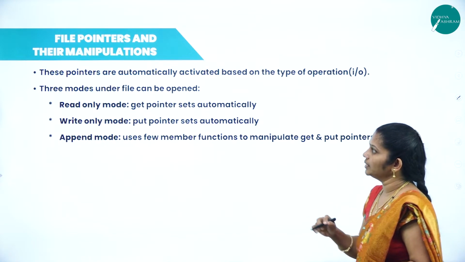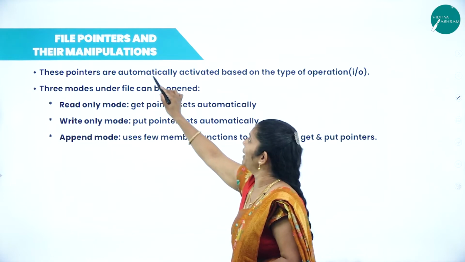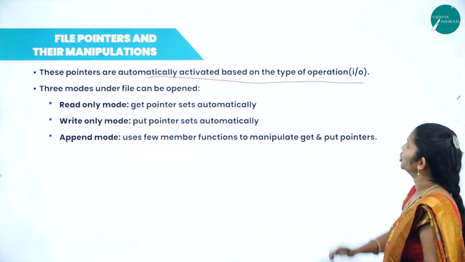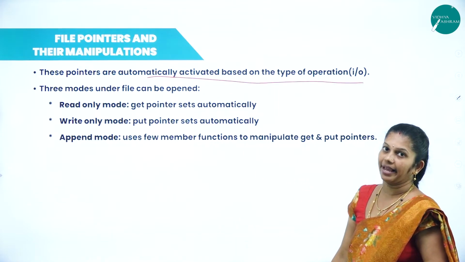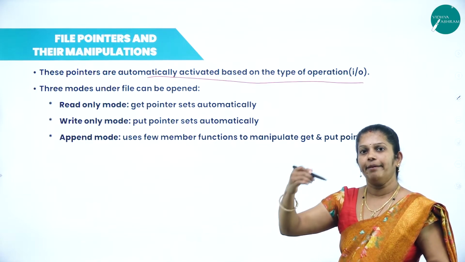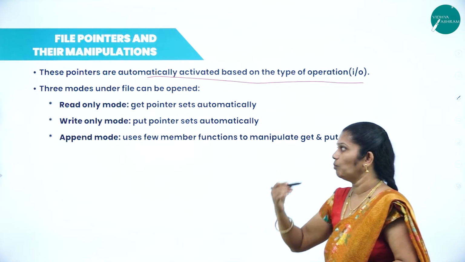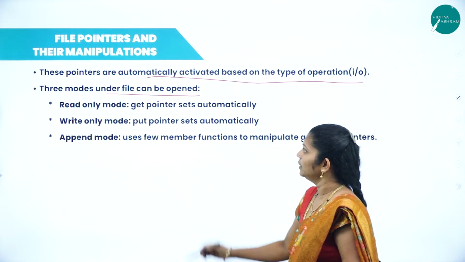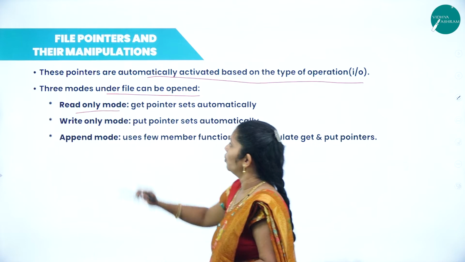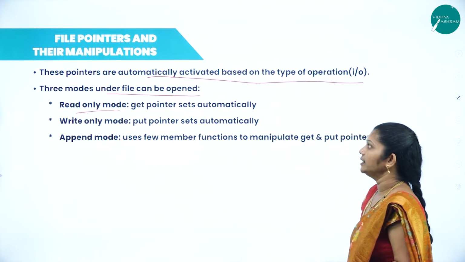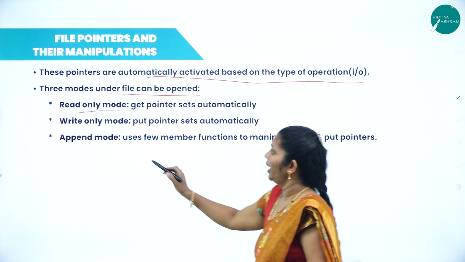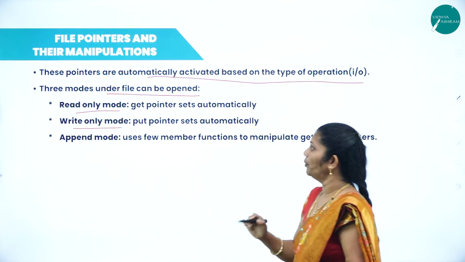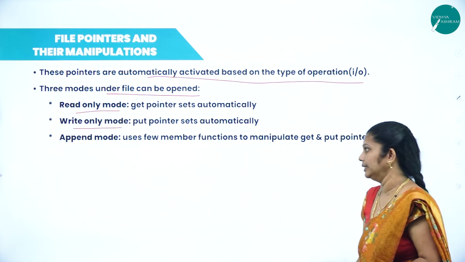These pointers are automatically activated based on the type of operation, like input and output. Automatically, by itself, it will perform. There are three modes for a file. One is read-only mode, where the get pointer is set automatically. Another is write-only mode, where the put pointer is set automatically.